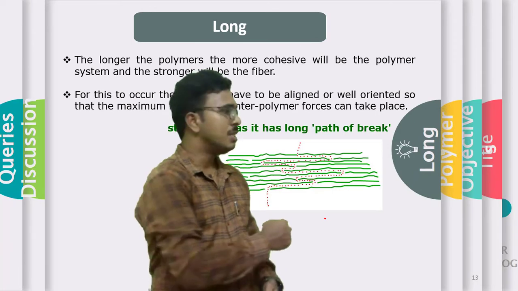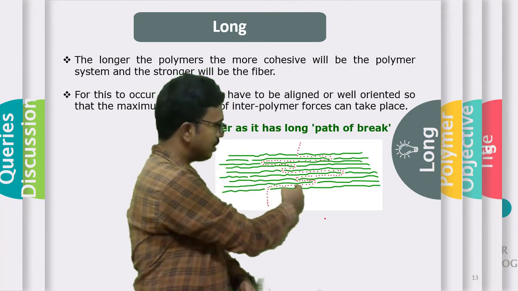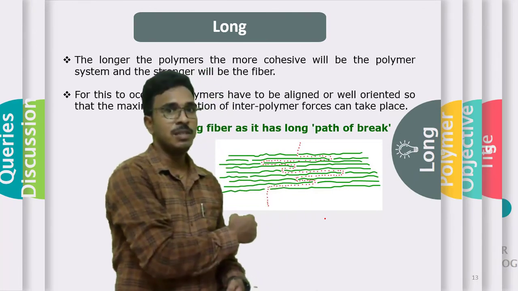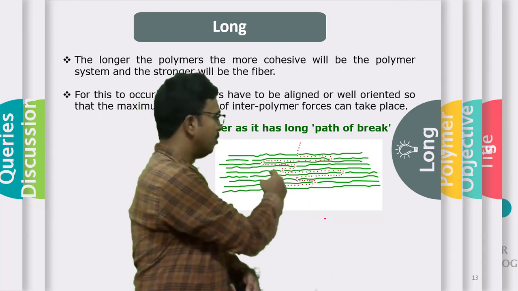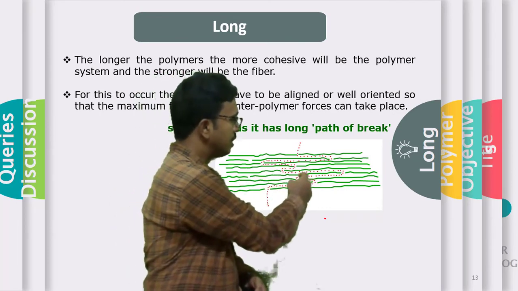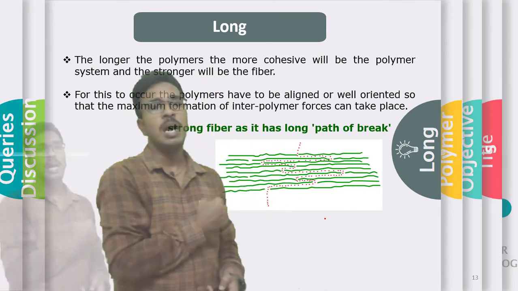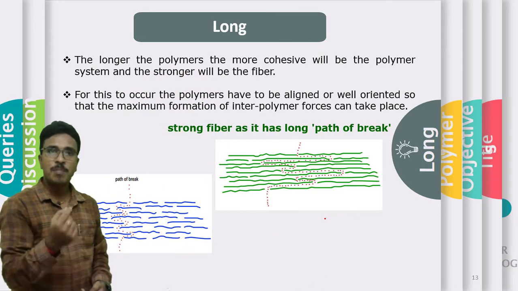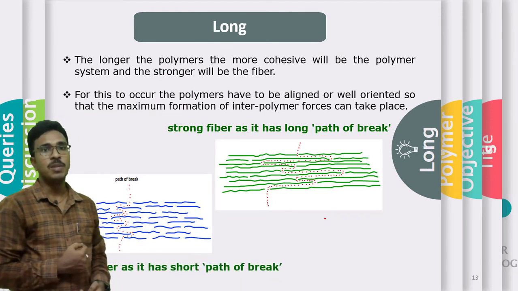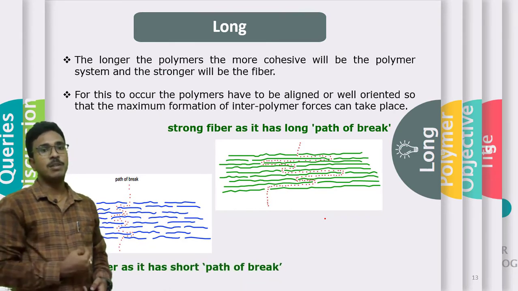Now you can see the strong fiber, it has a long path of break. Now you can see the dotted lines inside these molecules, which represent where the length of the polymer chain is high, that is, the length is more. And next you can see a fiber which has a short path of break.